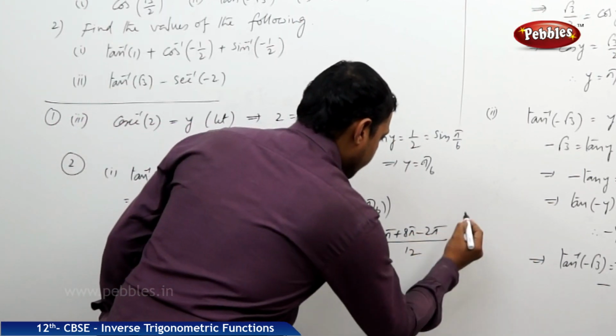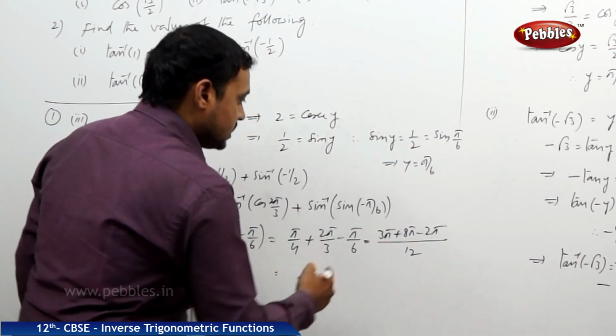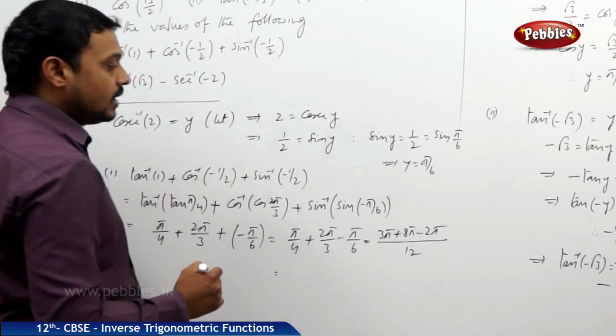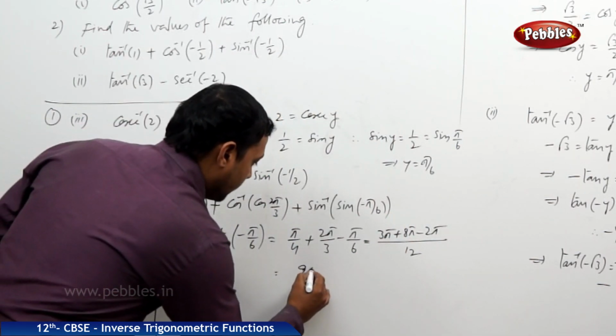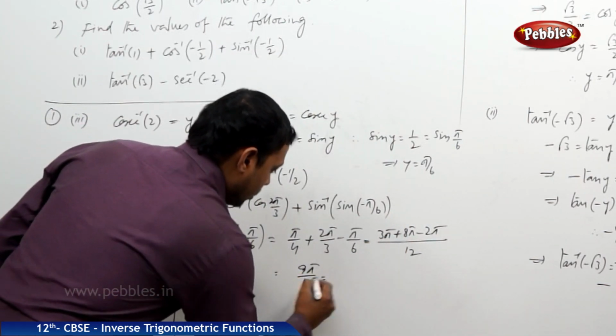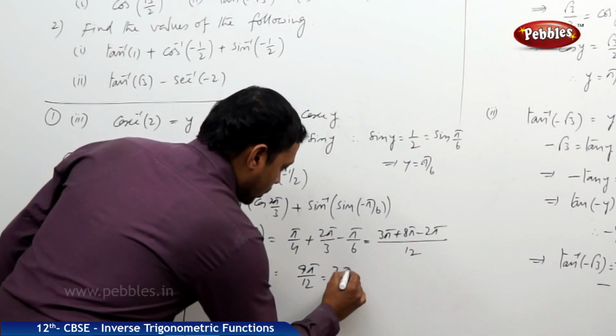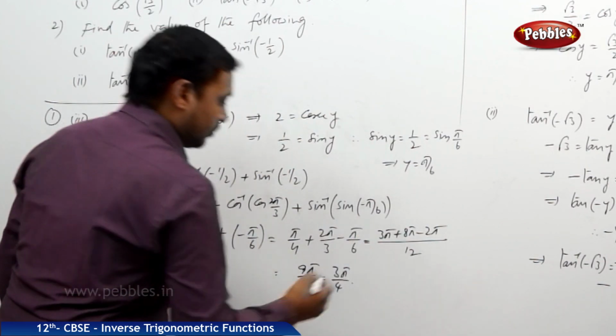So hence it is (3 pi plus 8 pi minus 2 pi) by 12, that is 9 pi by 12, which is also equal to 3 pi by 4.